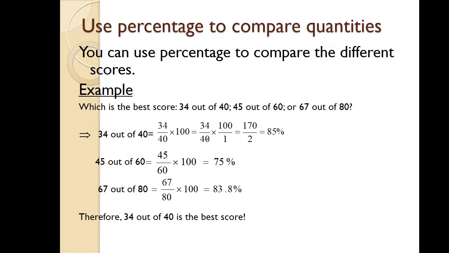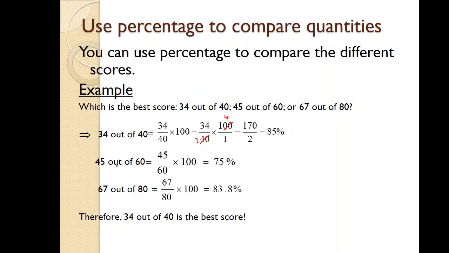Again, here you can simplify it. If you divide this by 20, you get 2. Divide this by 20, you get 4. If you multiply 34 by 4, you get 170. 2 multiplied by 1, you get 2. Then if you divide 170 by 2, you get 85 percent.